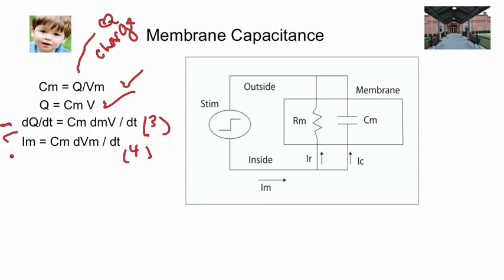It's the change in charge that's present on the membrane. So that's like a current, a change in charge per time. So Im then is the current through the membrane that's coming by because of a current through the capacitor. Now, I have made a mistake here, so I should say that's IC, the current through the capacitor. IC is equal to Cm times dVm/dt. We use that equation all the time in later mathematical work, so it's very helpful.